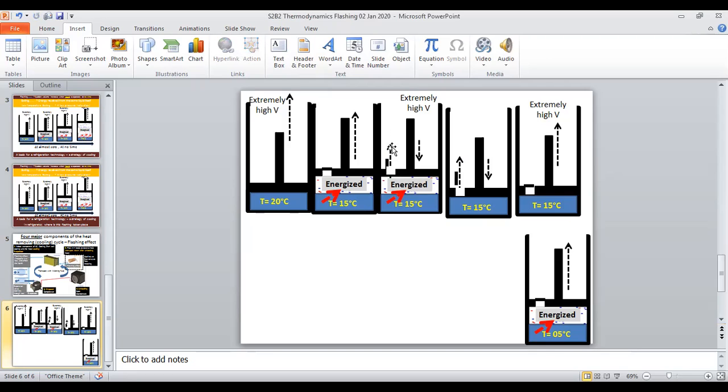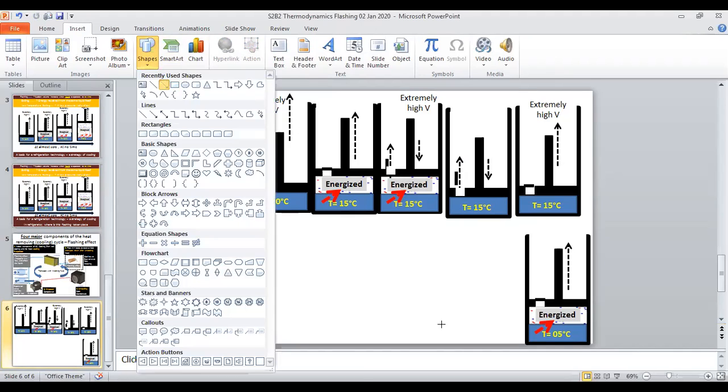Good. Escaping the liquid, fully escaped. After that it moves up, and again this way. So this cycle can go on.